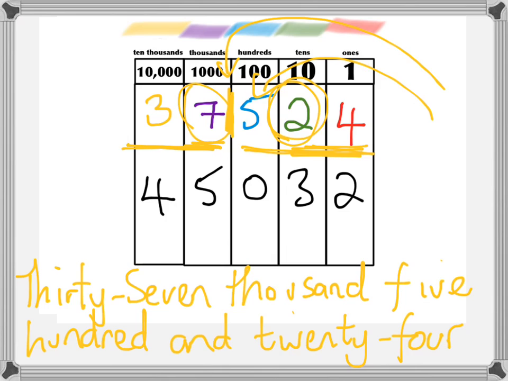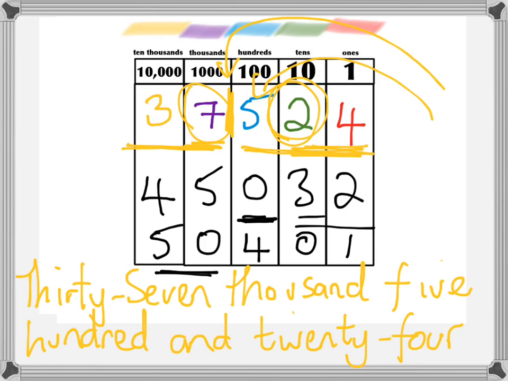So 45,000 and, because we're ignoring that, 32. If we have 50 there, that would be 50,400. We've got no tens. So 50,400 and 1. We can ignore it if it's a 0 and we just skip on to the next one.